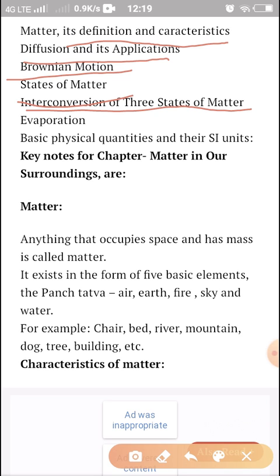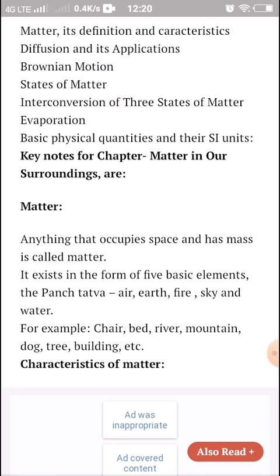You know very well there are three states of matter: solids, liquids, and gases. We're going to learn how a solid converts into a liquid and then into a gas. Then evaporation and physical quantities and SI units also. So we have here the keynotes of the chapter Matter in Our Surroundings.